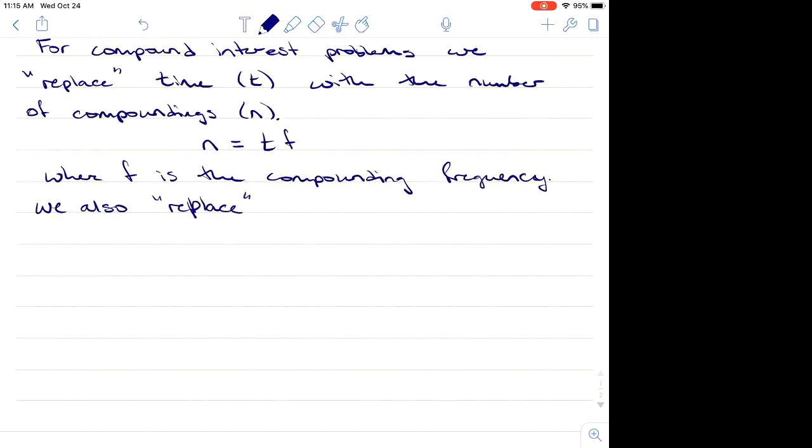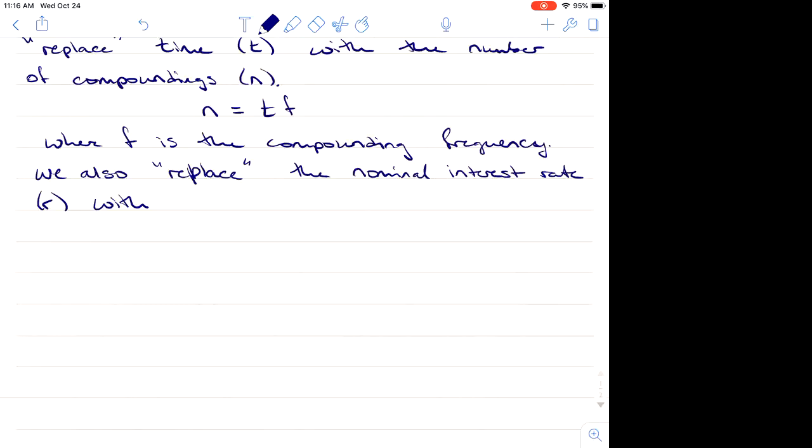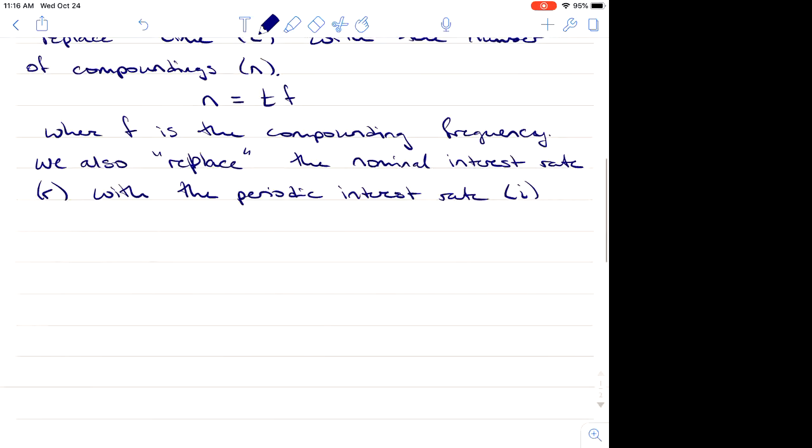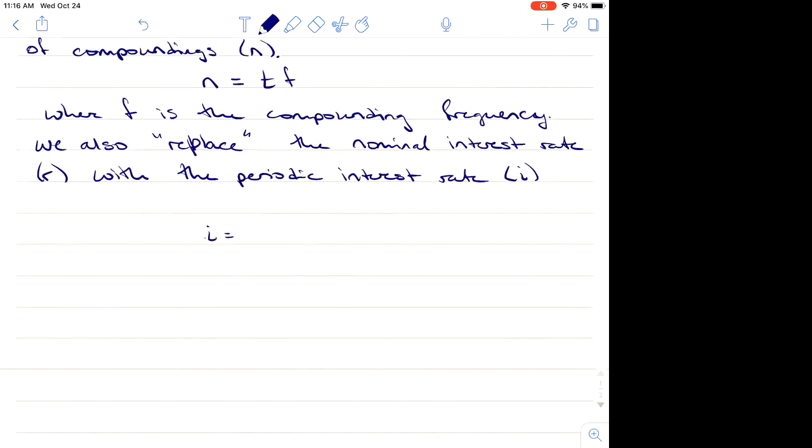We have to use our periodic interest rate, I. So we replace the nominal interest rate R with the periodic interest rate I. And on your formula sheet, you have I equals R over F. So you take your rate, divide it by how many compoundings per year you have, and that's your periodic interest rate for each period.